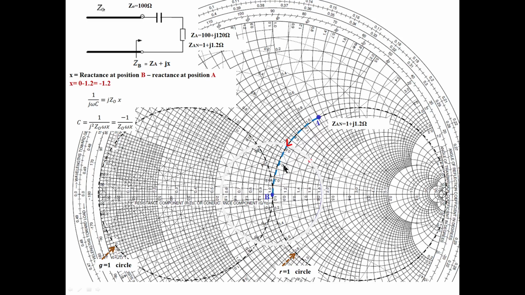I moved like this and reached here. This movement on the Smith chart adds a capacitor like this. I found out what the capacitor is. Now, by adding this element, the impedance becomes 1 here. We previously had some impedance, to that we added a capacitor by moving like this, and we got impedance equal to 1 at the final position.